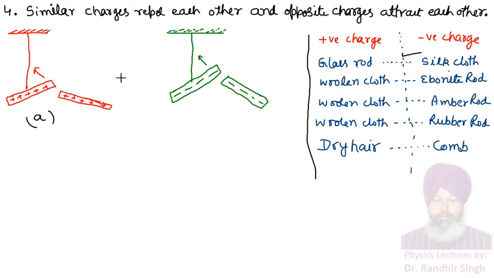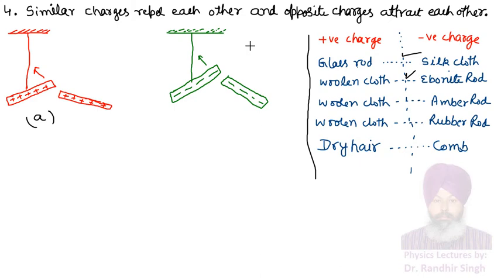In the same way, we can do the same experiment with an ebonite rod instead of a glass rod. Rub the ebonite rod with woolen cloth. As per this table, when we rub an ebonite rod with woolen cloth, the ebonite rod gets a negative charge.